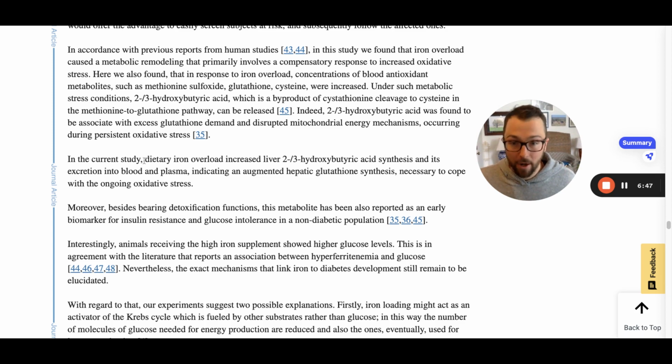So dietary iron overload increased the liver 2,3-hydroxybutyric acid and its excretion, so it increases those levels. This is all indicative of the body trying to create more glutathione to neutralize the oxidative stress.